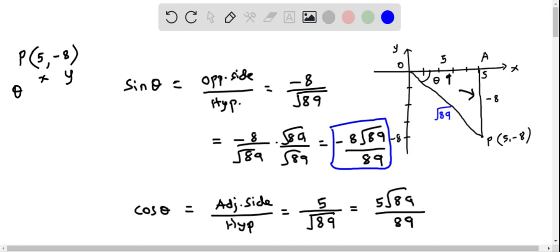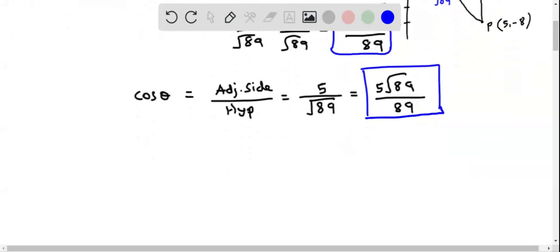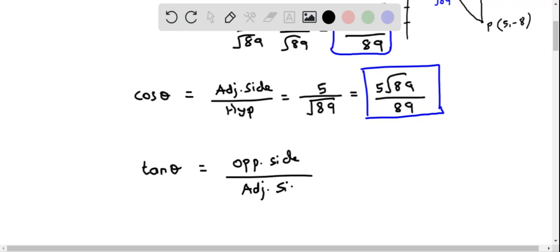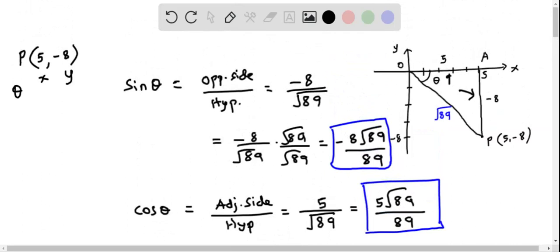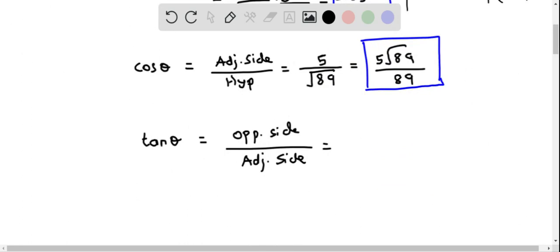So this is the value of cos theta. Now we will find tan theta. According to SOH CAH TOA, this is opposite side over adjacent side. We see from the right triangle, the opposite side is -8 and the adjacent side is 5. So we write this as negative 8 over 5. So this is the value of tan theta.